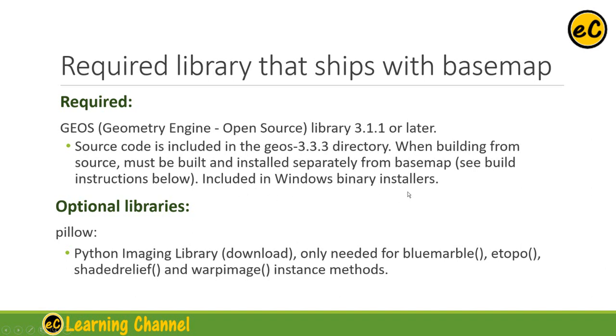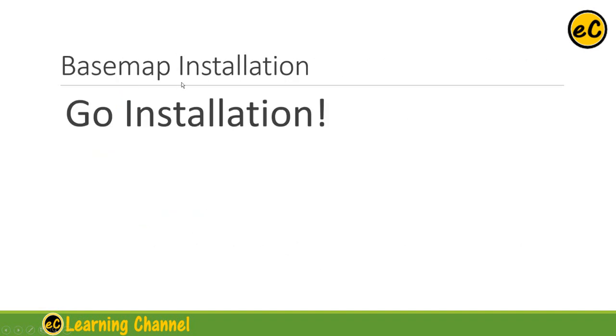So I'm going to use this. I'm not going to build and rebuild the program and install separately. I will just use the binary installer, and it will come with basemap itself. So I just will install the basemap installer. And this is an optional library for Pillow, and Pillow I already installed, so it is fine. You can check my tutorials for Pillow installation and basemap installation.